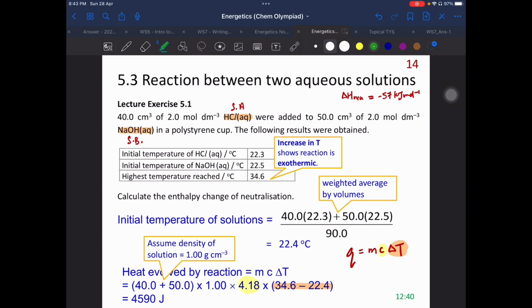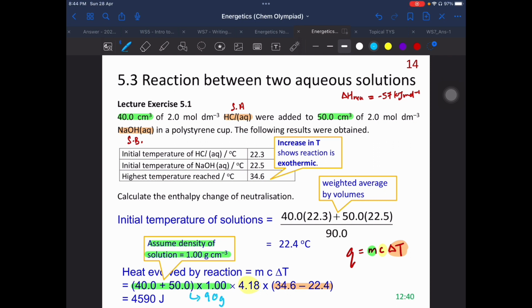Now the mass: because we are using 40 cm3 of the acid with 50 cm3 of the alkaline, the mass is calculated by assuming that it is largely the density of water, which is 1 gram per cm3. So 90 cm3 would be equivalent to 90 grams based on the density of 1 gram per cm3 for water.